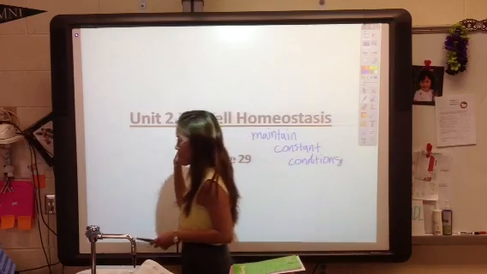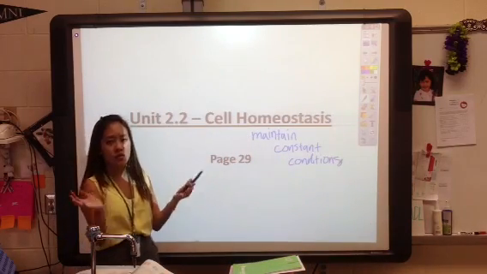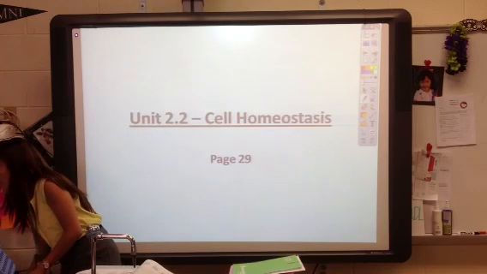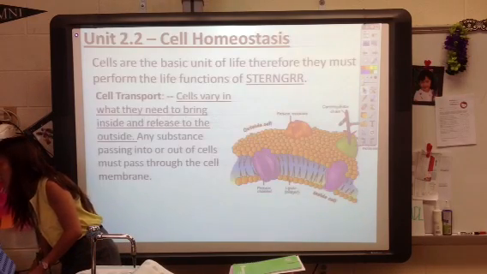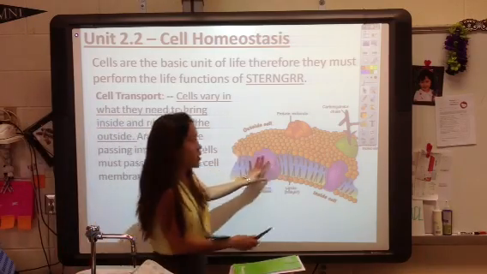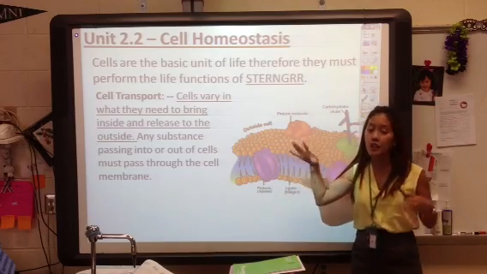Now, because we're talking about how we maintain those constant conditions, we actually are going to work our way out and move our way in. So on the very outside of the cell, we have the cell membrane. And the cell membrane, hopefully you remember, is involved in cell transport.